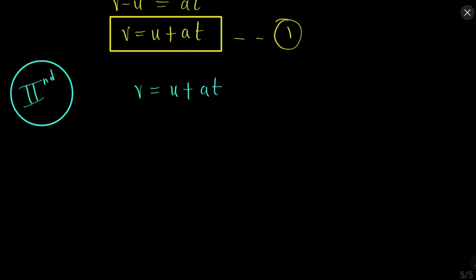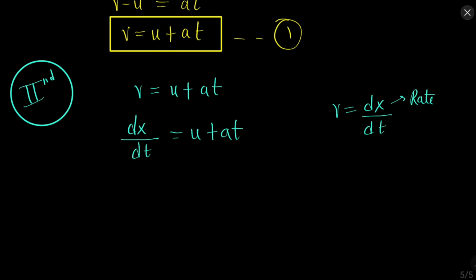Now I can write this formula in a different manner too. I can write it like this: dx by dt equal to u plus at. Why? Because I know velocity is the rate of change of displacement. x is the displacement.